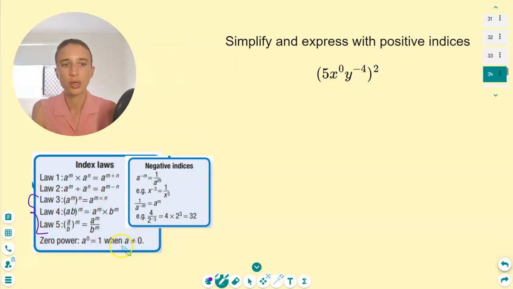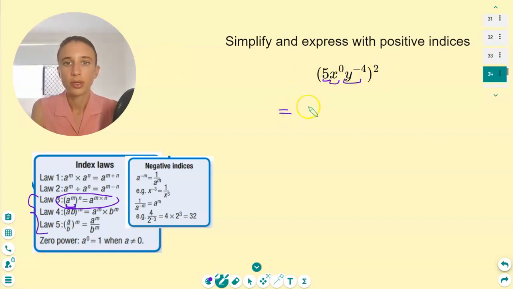Have a look at which one it might be. So it's this one. Can you see that? It's just some brackets raised to a power means you multiply all the powers. You put everything inside of those brackets to the power of 2. So let's write it. 5 to the power of 2.